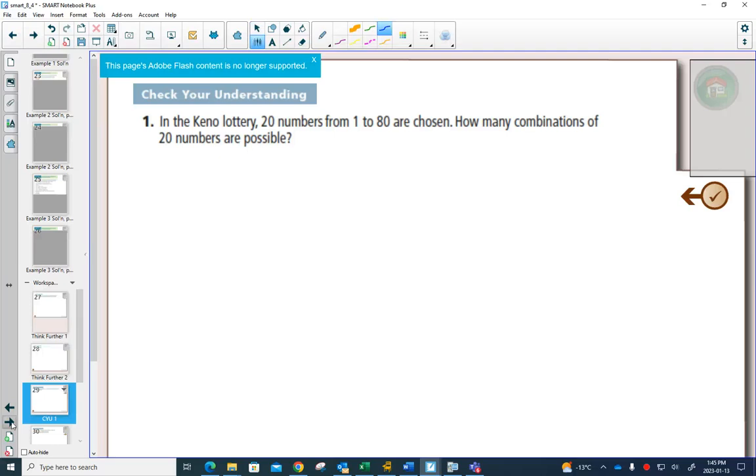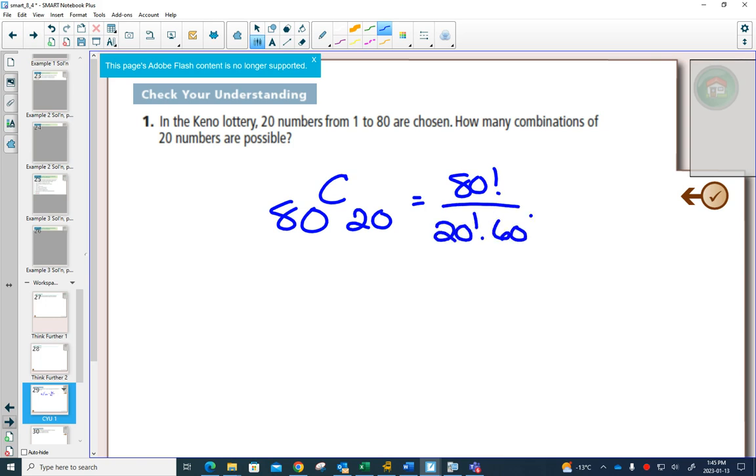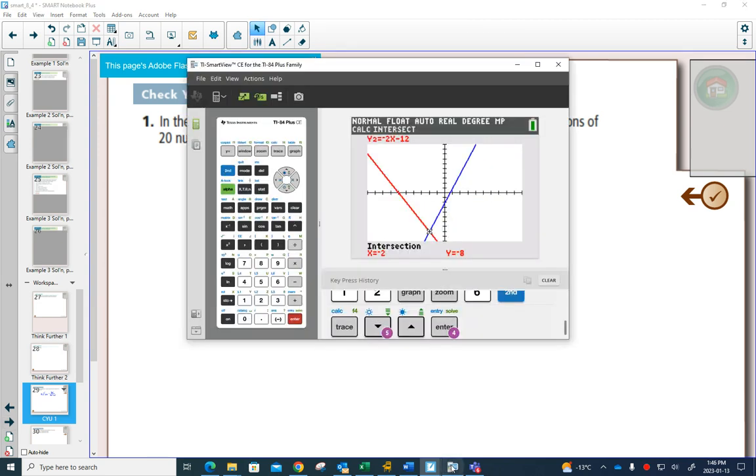So, 20 numbers from 1 to 80 are chosen. It is as easy as writing this. Technically, this would be 80 factorial over 20 factorial times 60 factorial. Those are all very big numbers, but your calculator can figure that out.